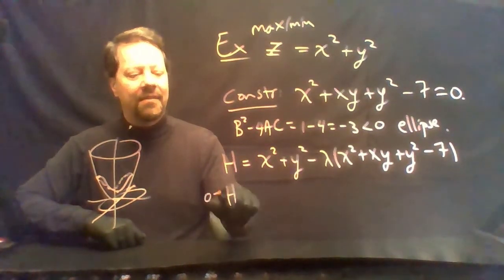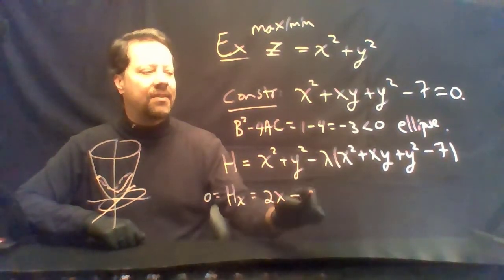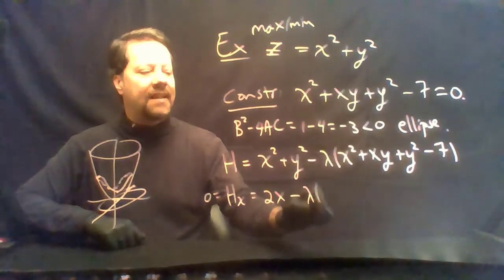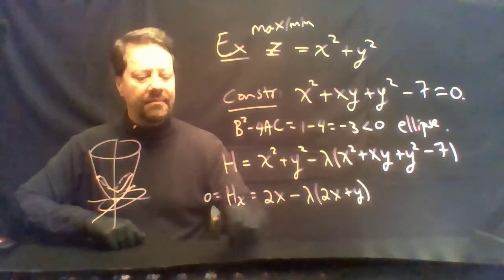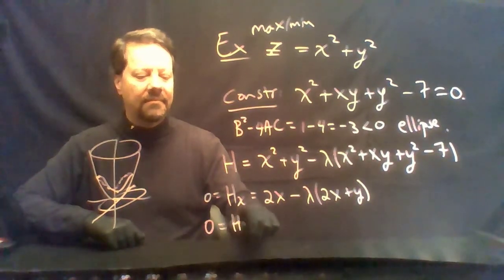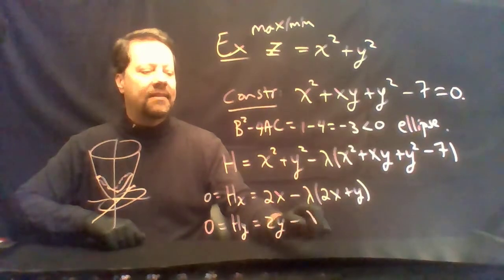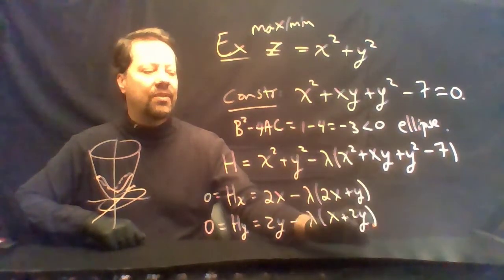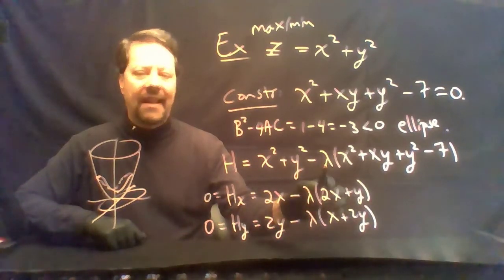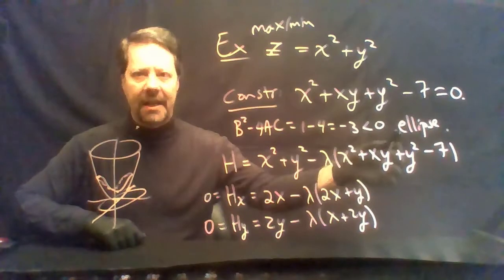So first, hx. We'll have 2x minus lambda times (2x plus y). hy is 2y minus lambda times (x plus 2y). H lambda equals 0 always gives you the constraint back.